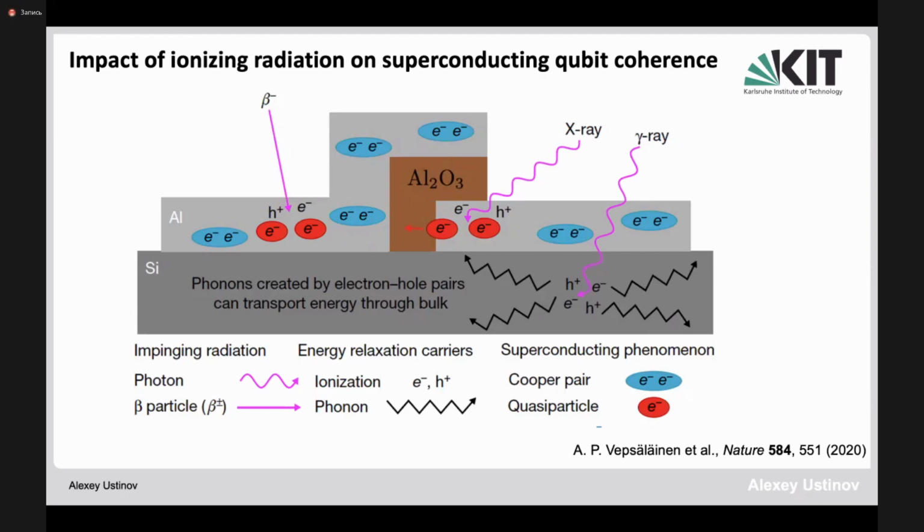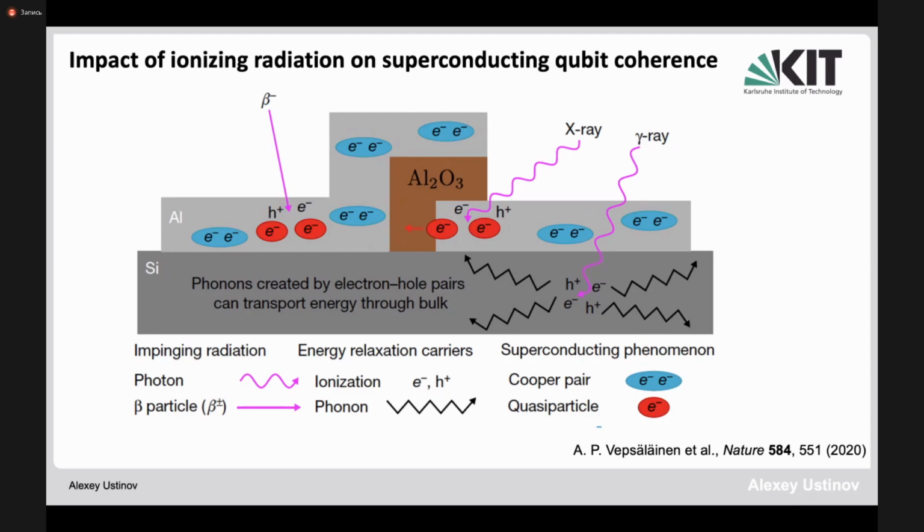So these are the processes which also influence the superconducting qubits, and they were estimated and actually measured by the work of an MIT group rather recently. What they have done, they surrounded the cryostat by a very thick shield, and then they were lifting the cryostat up and down, and measuring the coherence times T1 correlated with the position of the setup, either inside the shield or outside the shield.